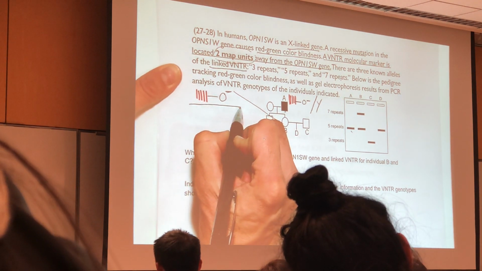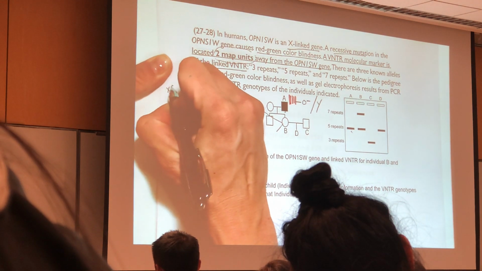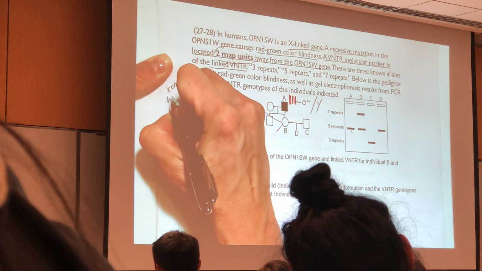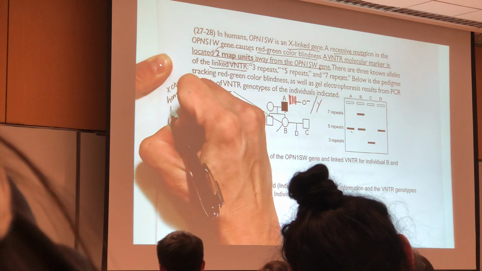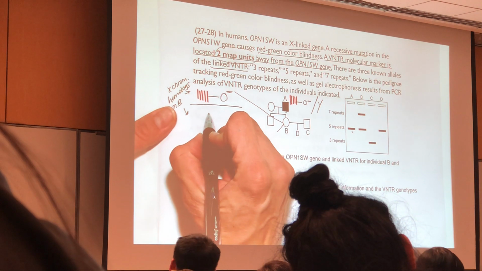She also inherited an X chromosome. So here, these are the two X chromosome homologs in individual B. She also inherited an X chromosome from her mother.